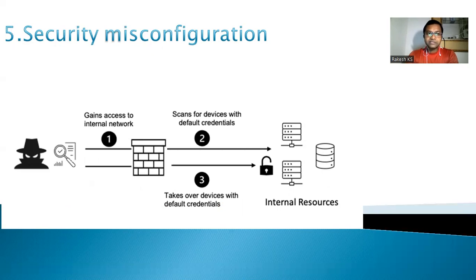But here, the security is misconfigured in some way. So that misconfiguration, or the loophole found by the attacker, leads the internal resources to malicious activity. This is how security misconfiguration in a website leads to leaks in the database.